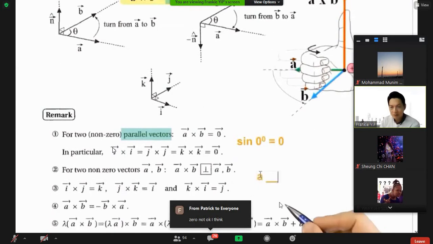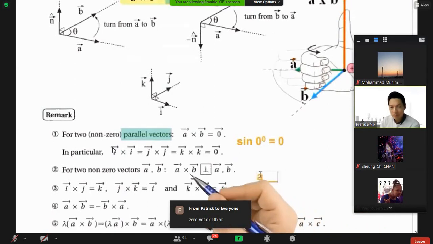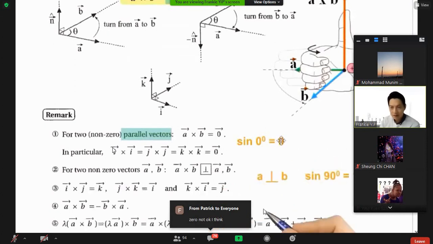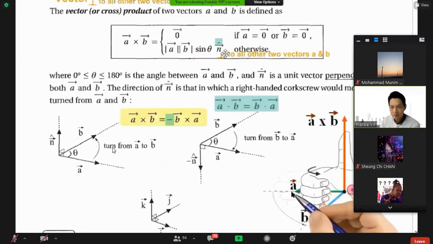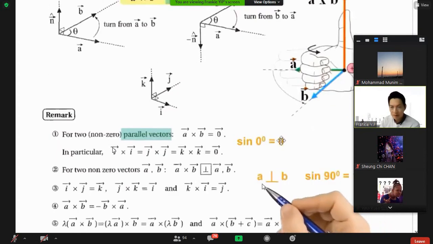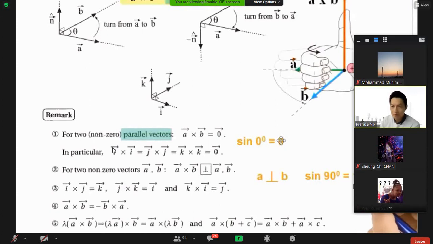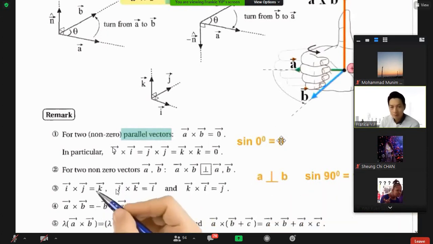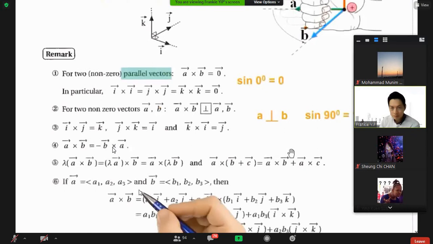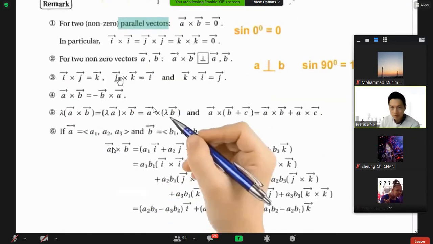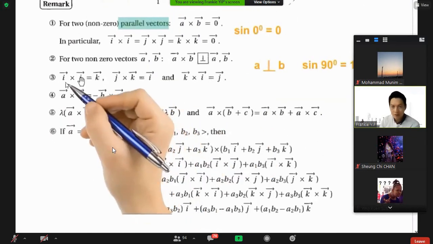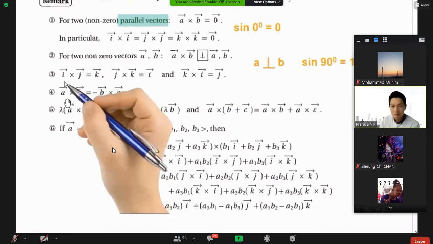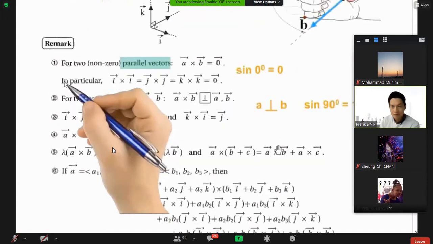How about if those are perpendicular crossed together? Okay, for example, A cross B, and A and B are perpendicular to each other. So sine theta becomes 1. Okay, so let's see the concept. Because all of them are unit vectors, right? So let's see.